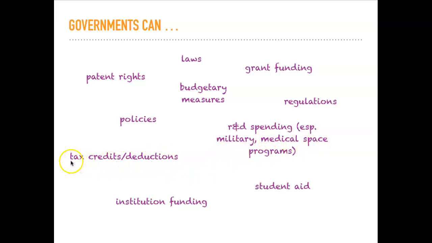Things like tax credits and deductions that can incentivize or de-incentivize human behavior. Funding particular institutions and their research, as well as granting access to patent rights. So there is a whole realm of things that governments do to encourage technological innovation and advancement, or, on the other side, to limit or restrict it.